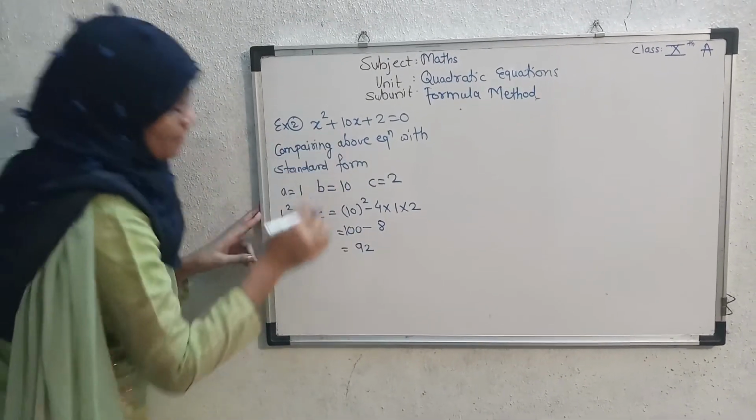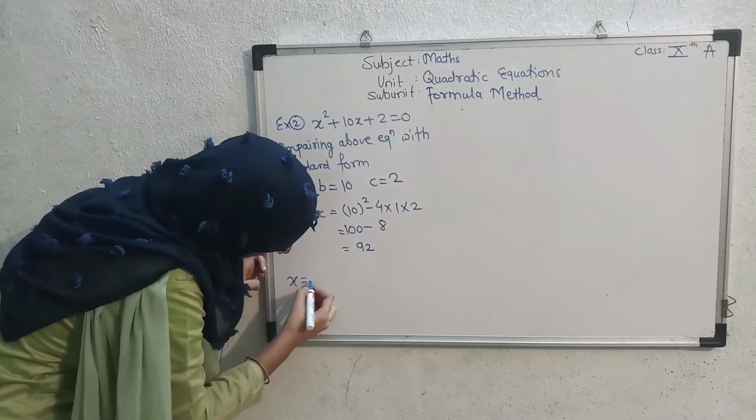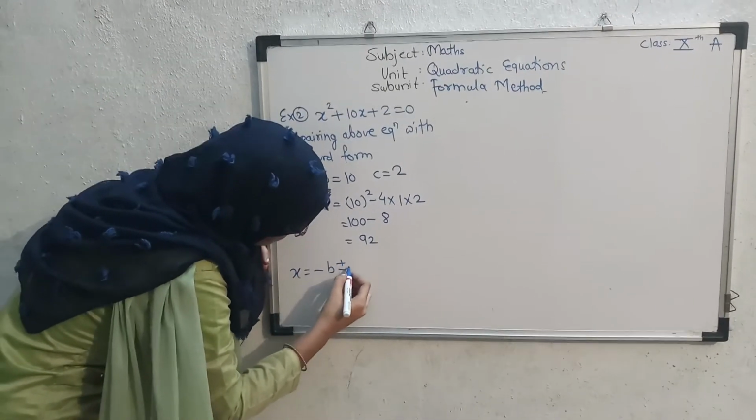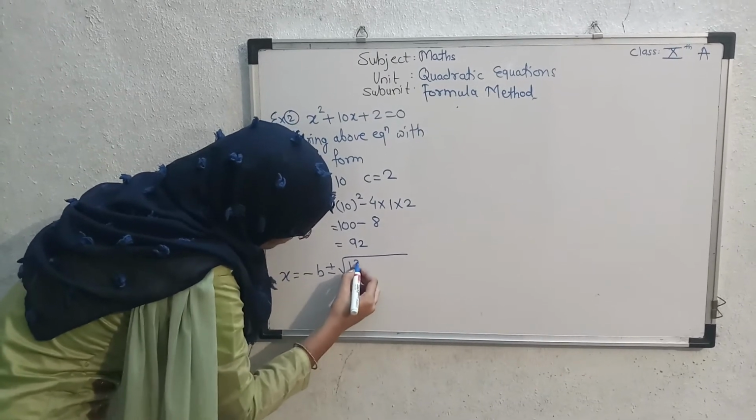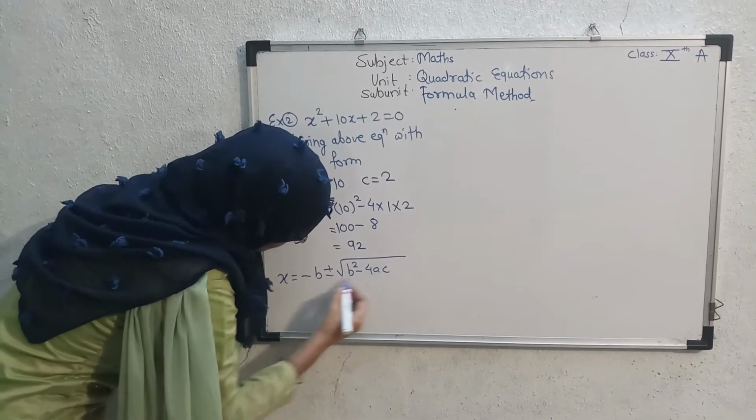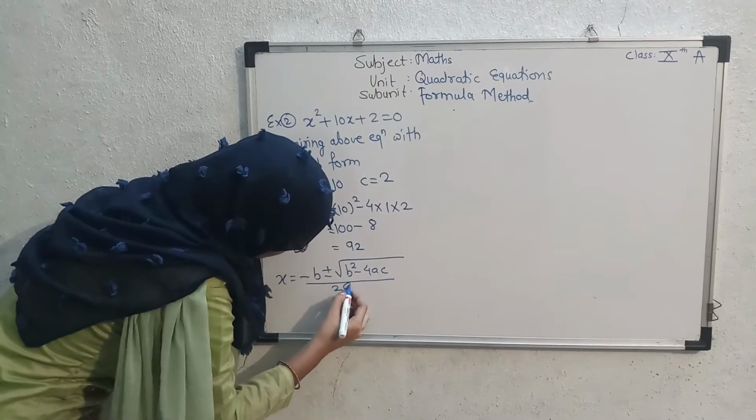Now our variable is x. Therefore we take formula as minus b plus or minus square root of b square minus 4ac upon 2a.